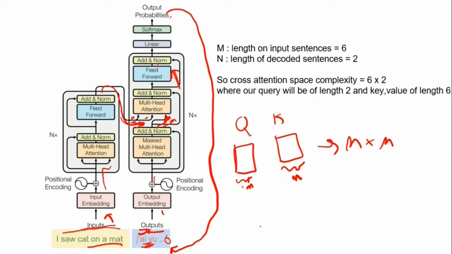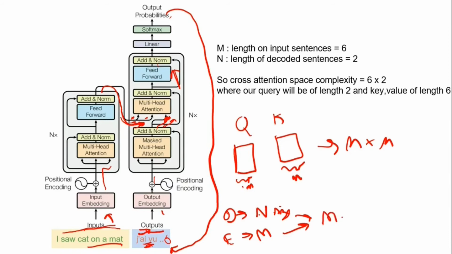So when we are multiplying, let's take the size of the decoder as N and our encoder size as M. Now the complexity wouldn't be M into M in this case.